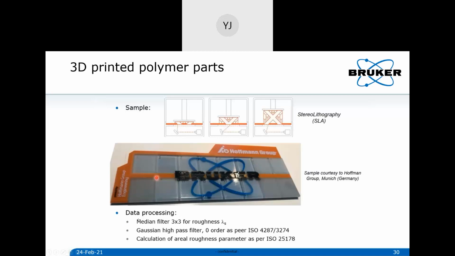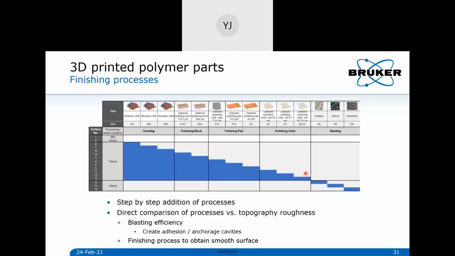For the data processing, all the blocks that we measured use a 3 by 3 median filter, and we use a Gaussian high pass filter, zero order, and we use the ISO 4287 and ISO 25178 standards for roughness measurements, right?